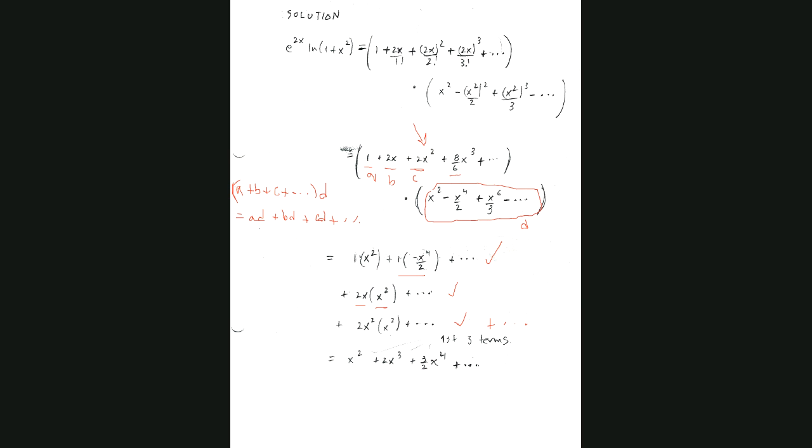Okay, so why don't I take the 6x cubed here? Why don't I bother to take 6x cubed and multiply it by D?